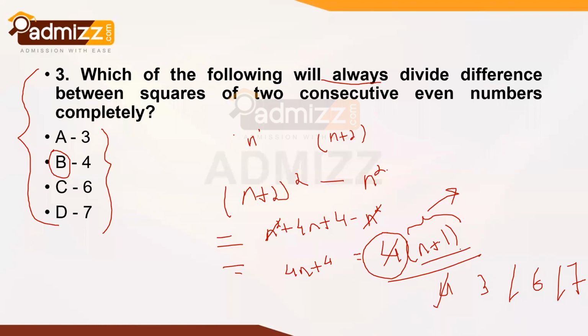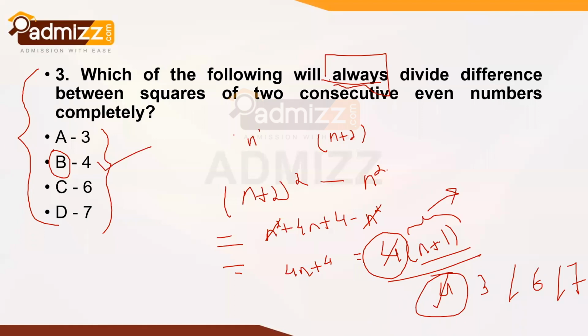But we want this to be divided always, in every case, even when n becomes something that cannot be divided by 3, 6, or 7. So 4 is the obvious choice in this one, option number B.